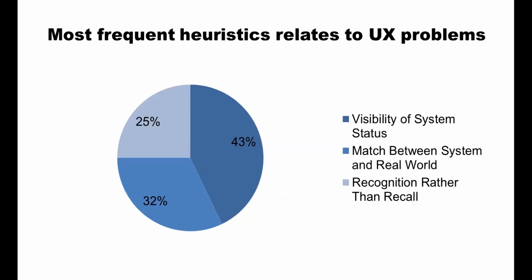The other 7 are not significant in our evaluation. So the designers considered the 3 heuristics: visibility of the system status, the match between system and real world, and recognition rather than recall.